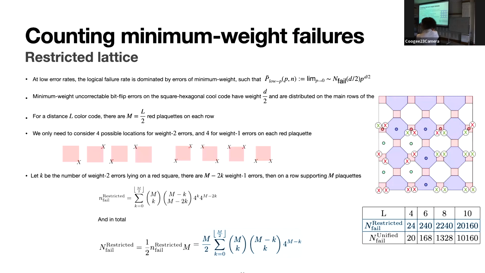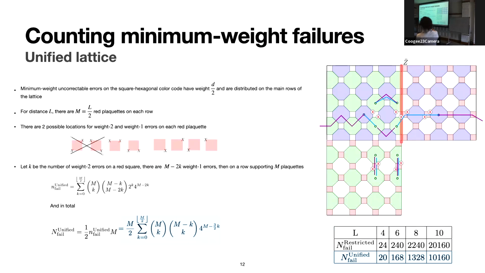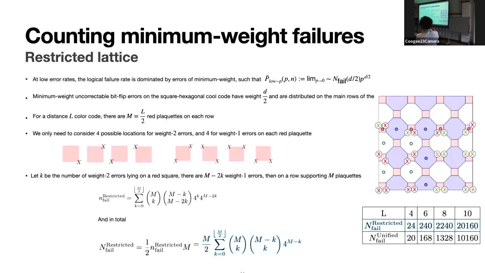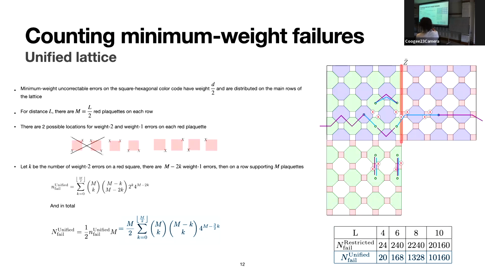And we should be able to correct this. Yeah, exactly. So if we map the error onto the unified lattice, then we do get these green syndromes on the green stabilizers.